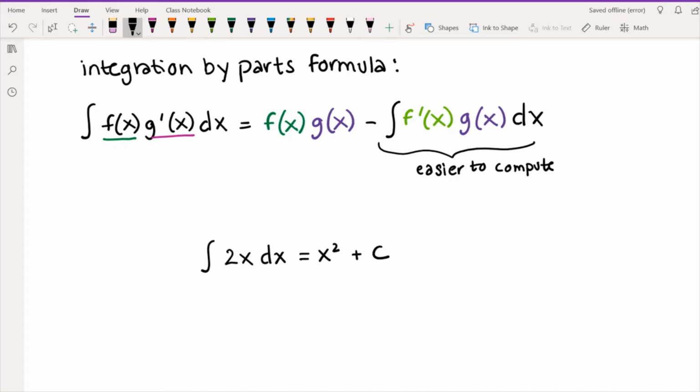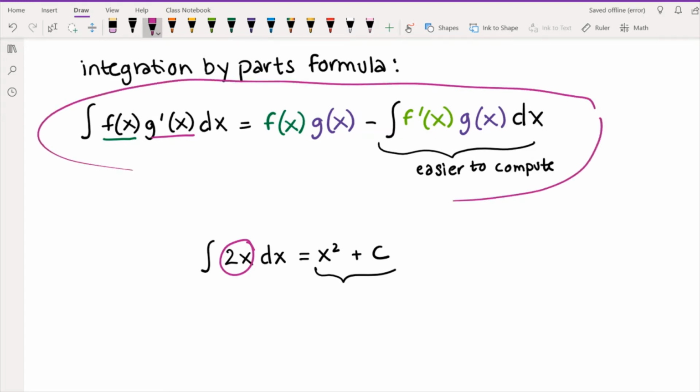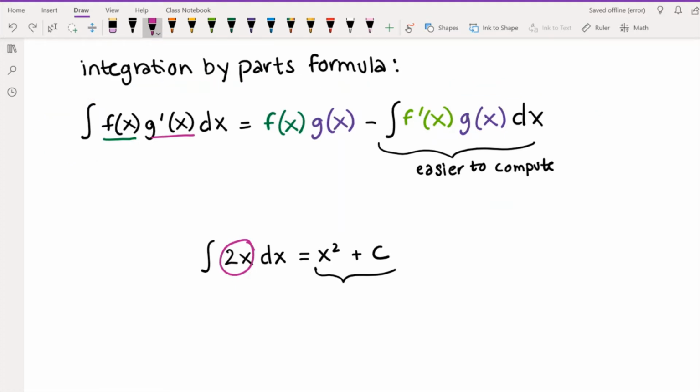Well, if you take the derivative of x squared plus c, you get 2x, right? And so how can we test this formula? We can take the derivative of the right-hand side and see whether we get this, right? If we take the derivative of the right-hand side and we get the inside of the integral, that will tell us that this formula is true. So let's do that.